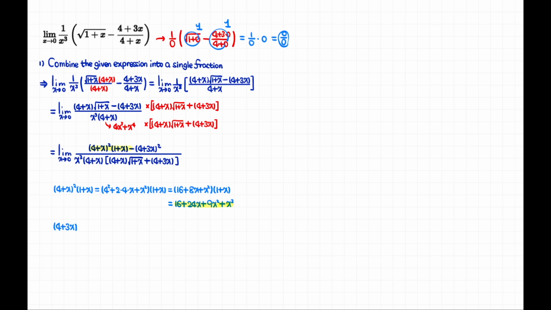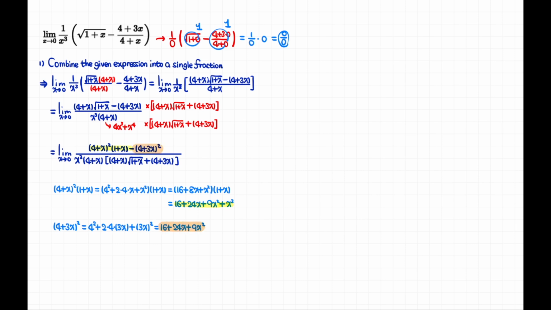Now the second one is 4 plus 3x squared, which is 4 squared plus 2 times 4 times 3x, plus 3x whole thing squared. So, therefore, this equals this.